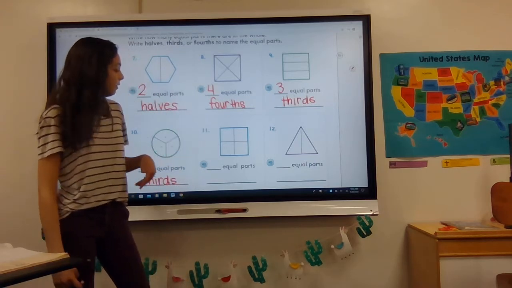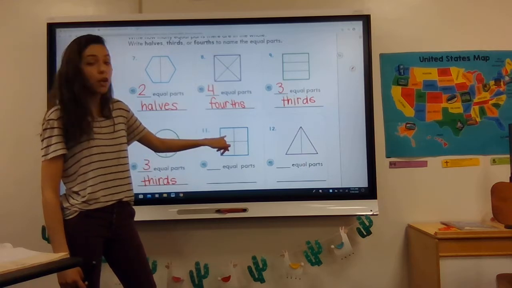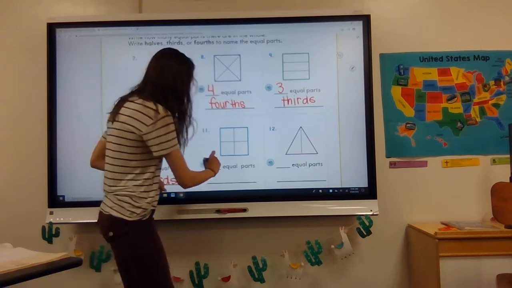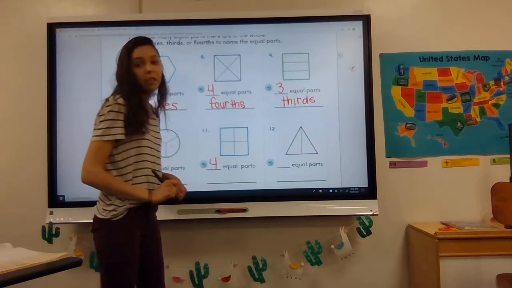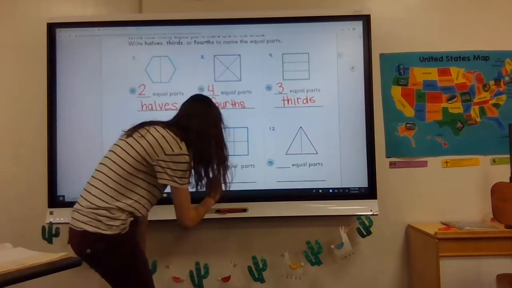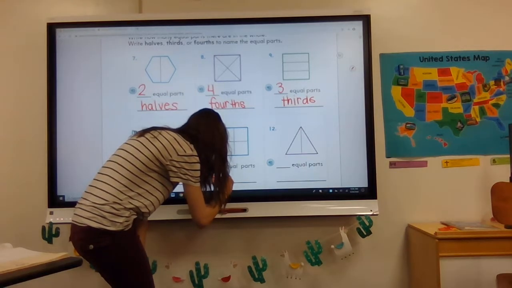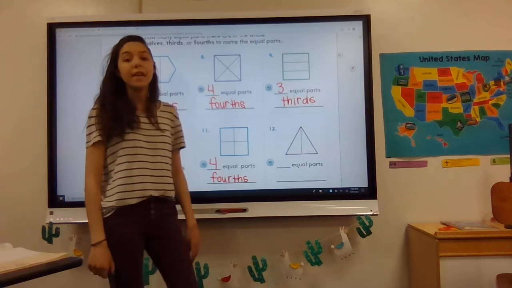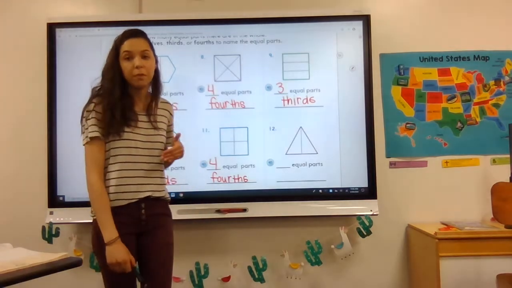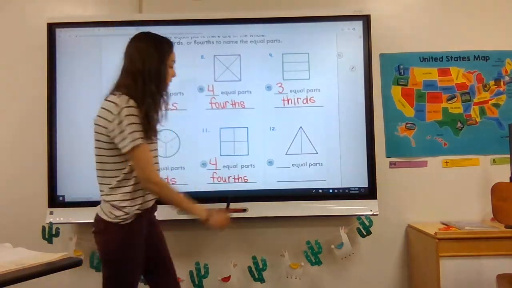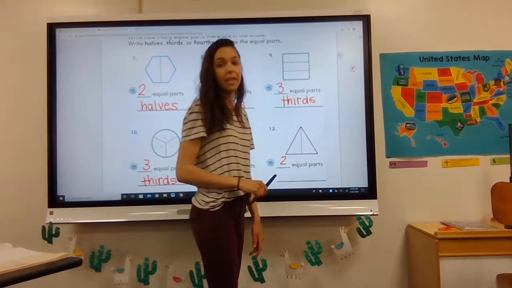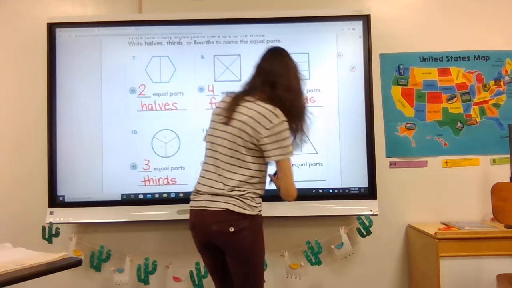Number 11, you should have counted 4 equal parts. 1, 2, 3, 4. And you should have labeled it fourths. And number 12, you should have split it into 2 equal parts, which would be halves.